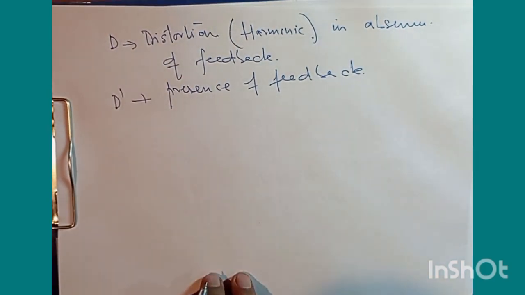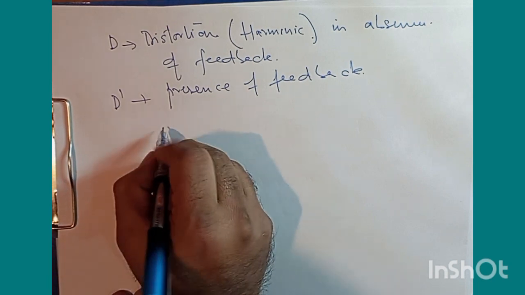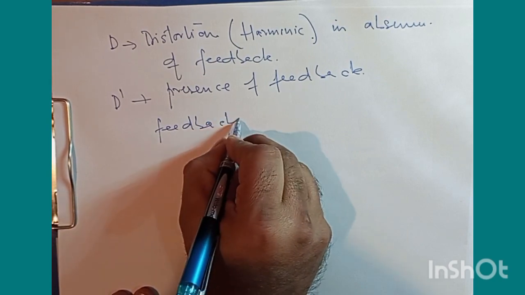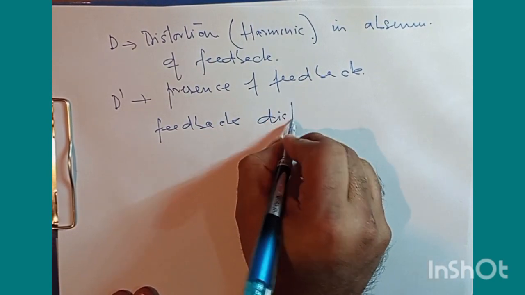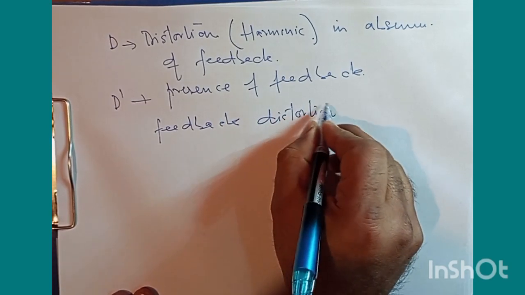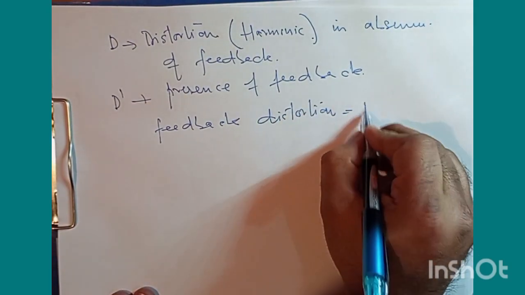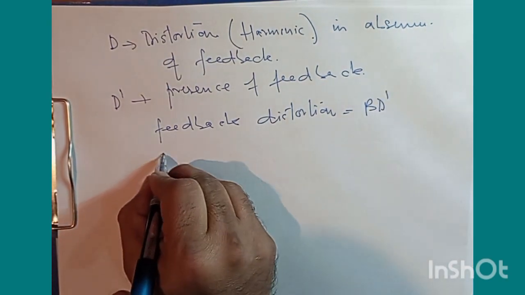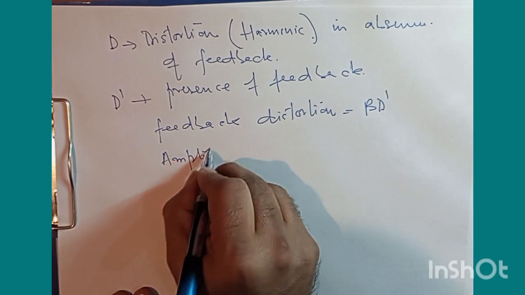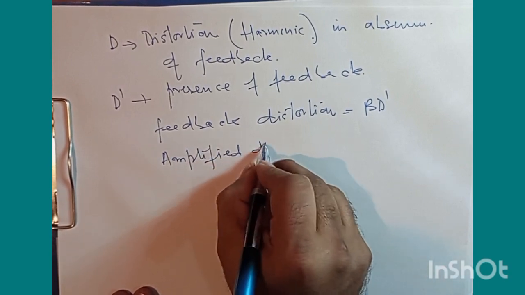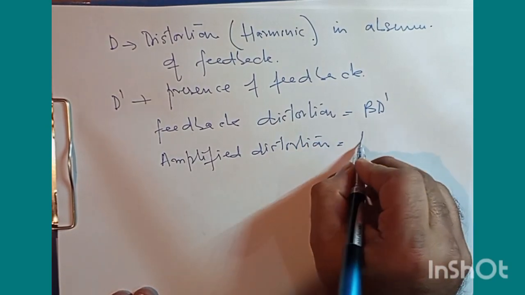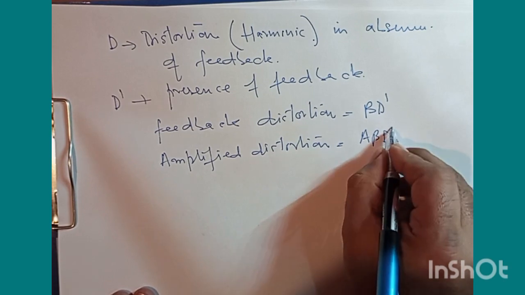So if I go back to the previous thing, I can write here feedback distortion, and we had obtained it as beta D dash, and then we have amplified distortion, and this we have obtained as A beta D dash.